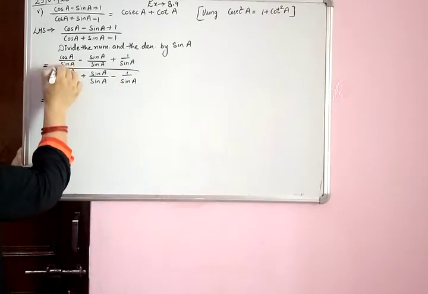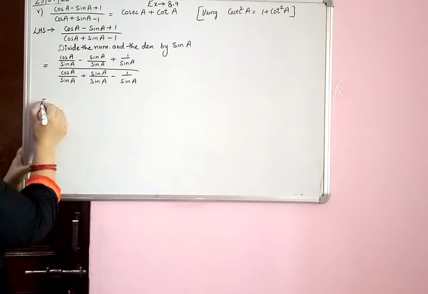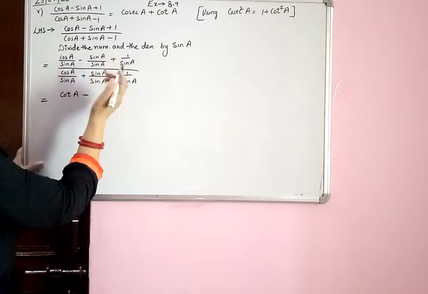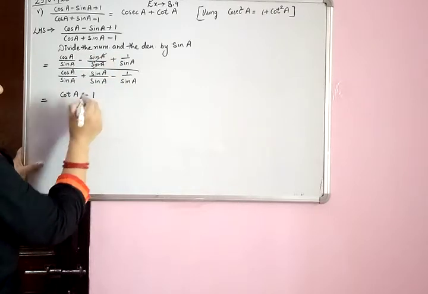Now look here. Cos A upon sin A is cot A. Minus sin A upon sin A, sin A cancel, so minus 1.